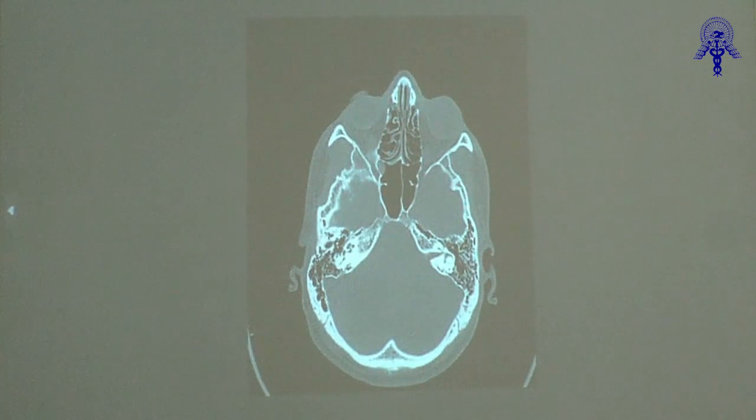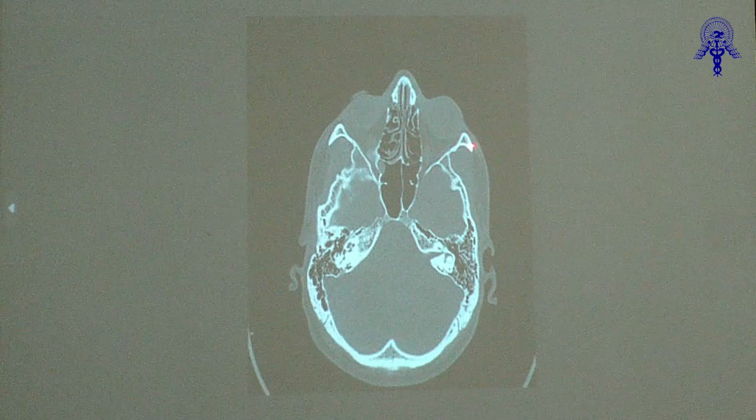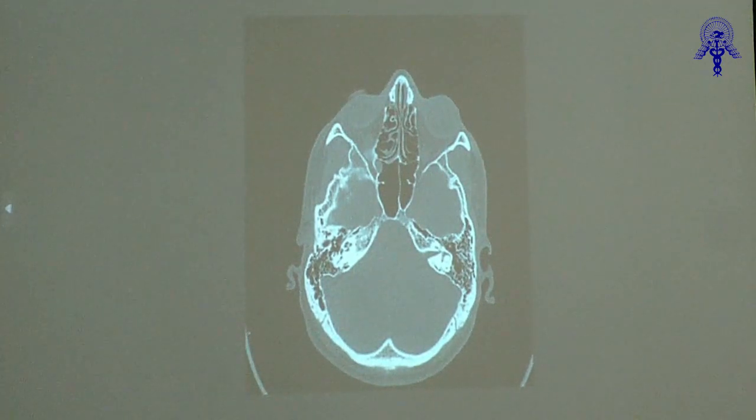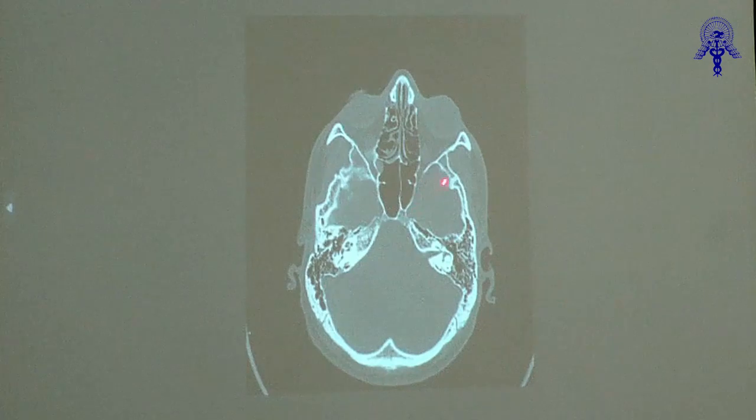This is the area which is very important for axial scan, because you can see the entire lamina papyracea here. If there was a disease here, then you could see which part of the lamina papyracea is dehiscent or pressurized. Like for allergic fungal sinusitis, you will see it is pressed here, and you can see the optic nerve, medial rectus muscle, all these structures.